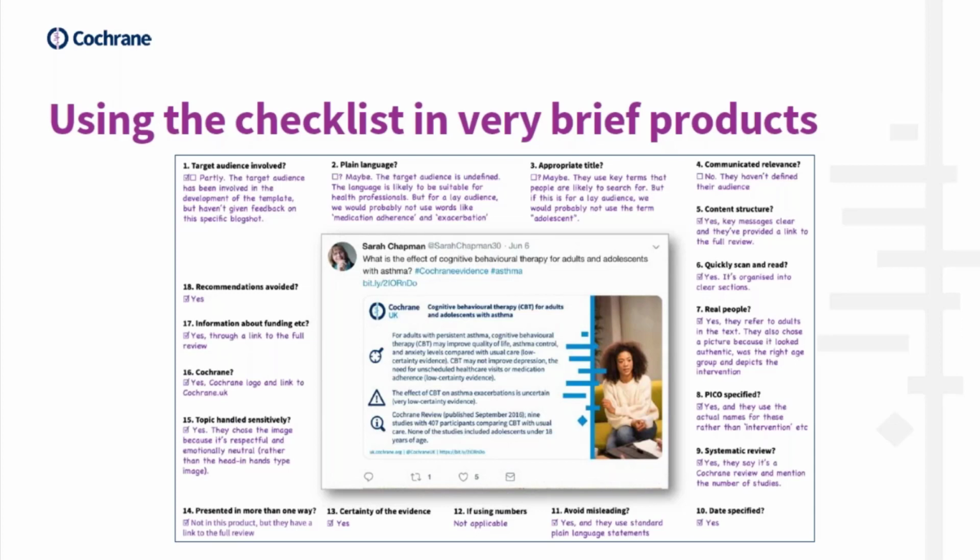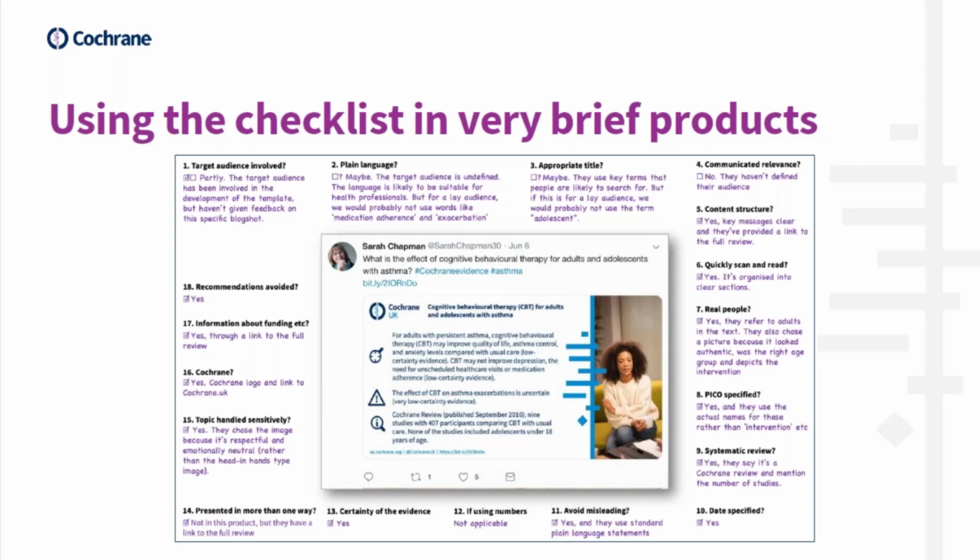We have been asked many times whether or not it's realistic to use this checklist on very brief products, such as blog shots. And we've worked with Cochrane UK and the blog shot design to test whether or not it works and what we can do to tweak both the blog shots and the checklist to make sure that it actually is possible.